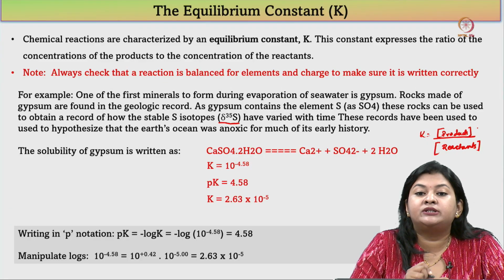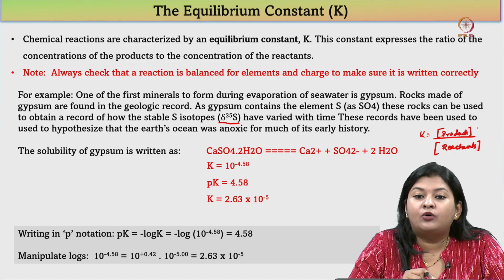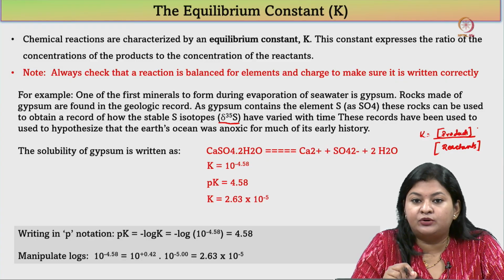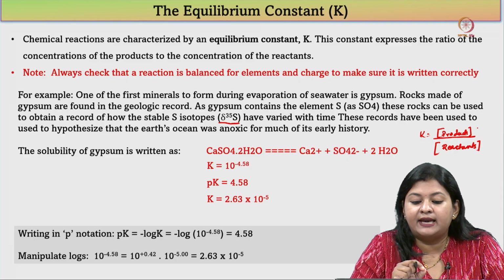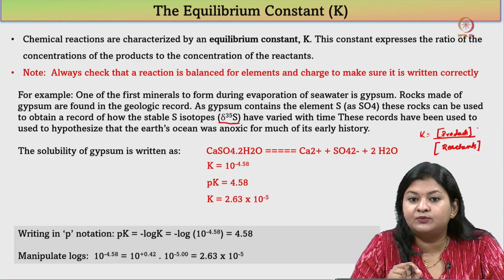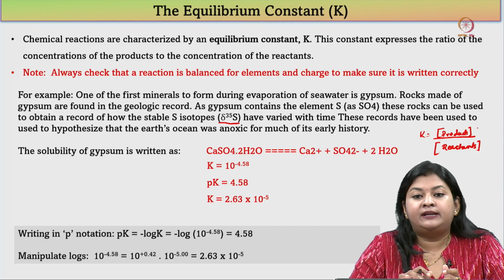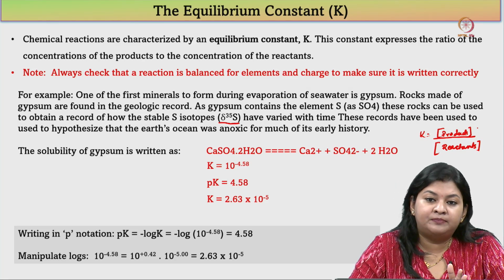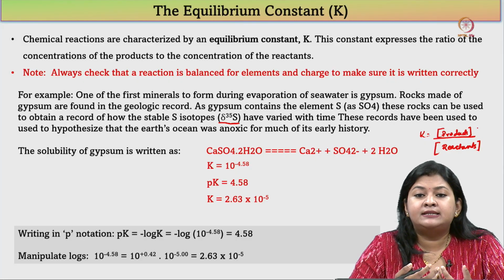We are going to measure the isotopic composition of sulfur in the gypsum rocks, and how this isotope composition varies with time will give us an understanding of how this particular element has evolved with time. How it was in the past.